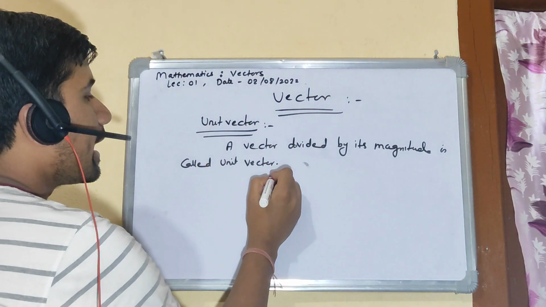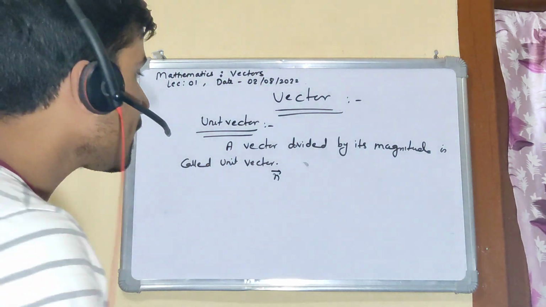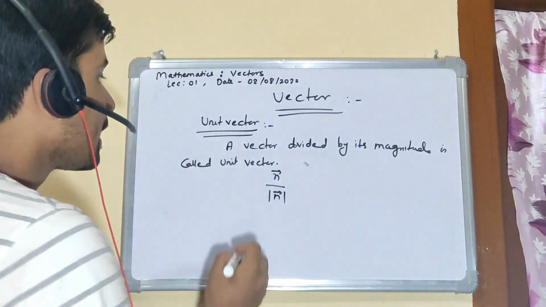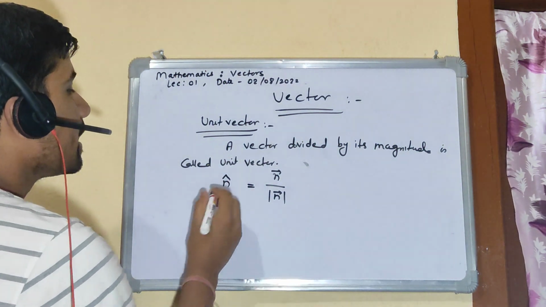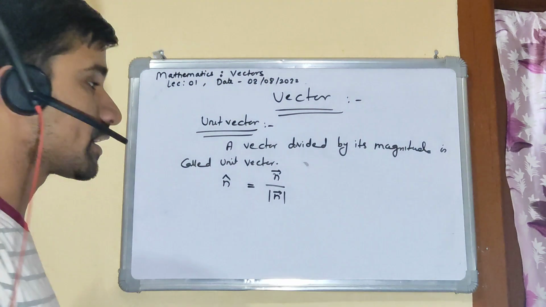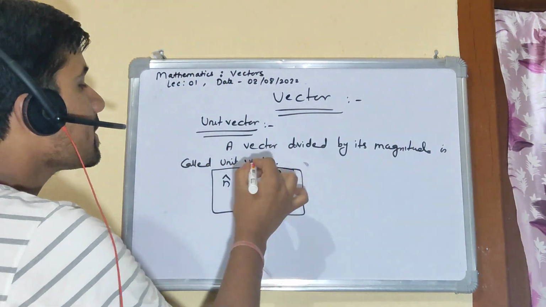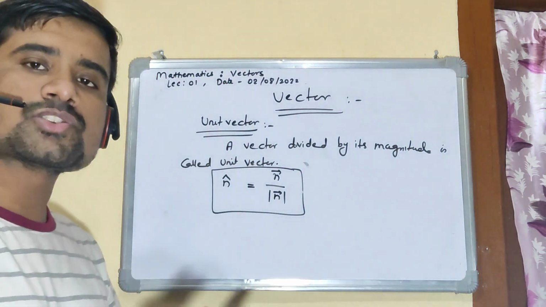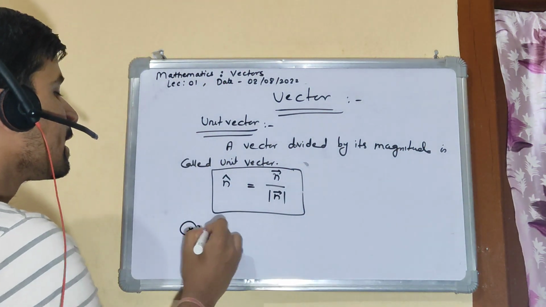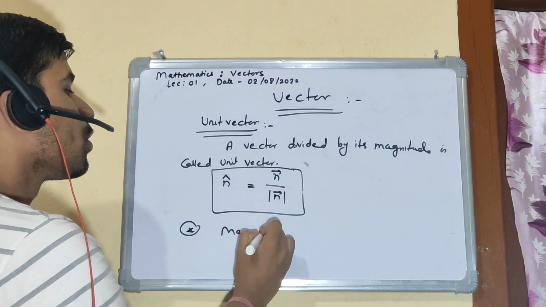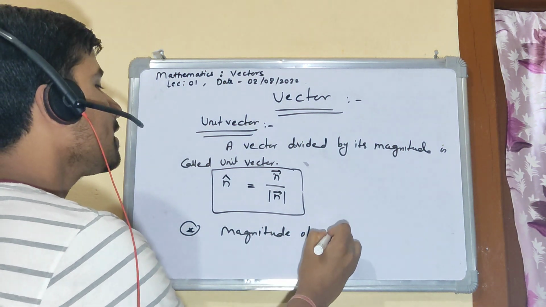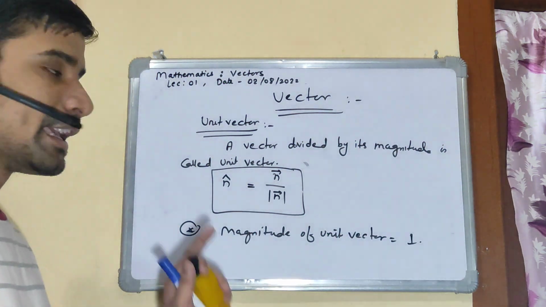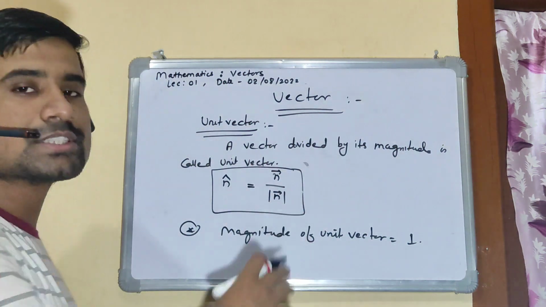If I divide n by its magnitude, it gives me the unit vector of n. It is represented by n cap, a cap placed on top to represent the unit vector. So n cap is a unit vector which has the same direction as n vector, but its magnitude is always 1. So you can write that the magnitude of a unit vector is equal to 1. The direction of a unit vector is the same as the original vector.